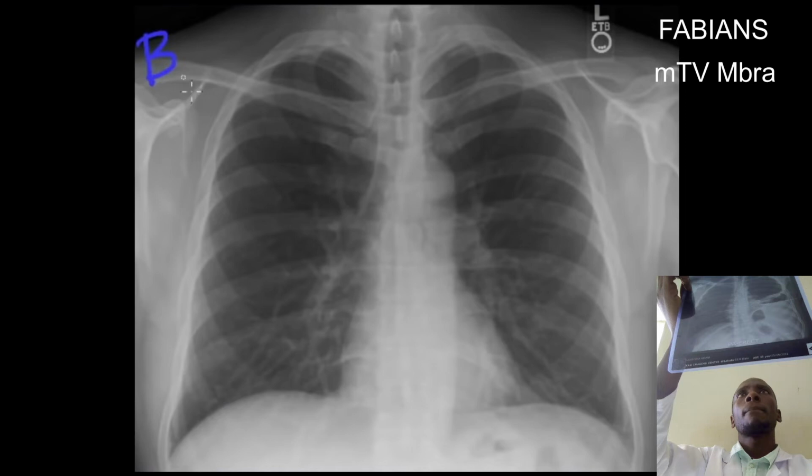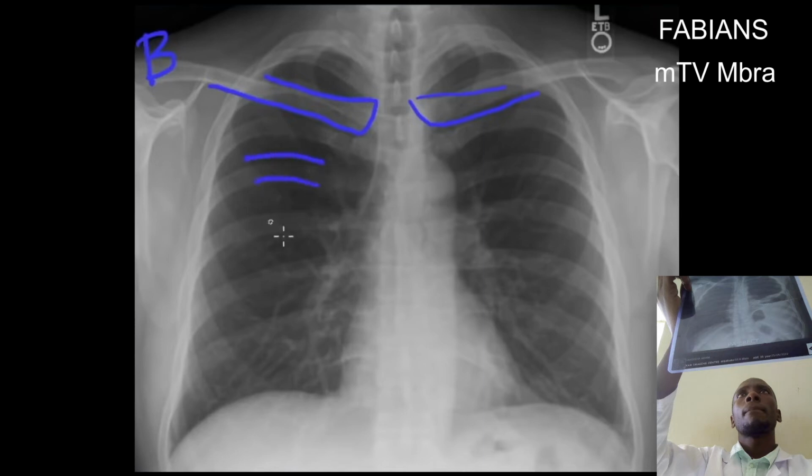Now let's go to B. B, let's talk about the bone. For instance, this is the clavicle bone. There are two, left and right.